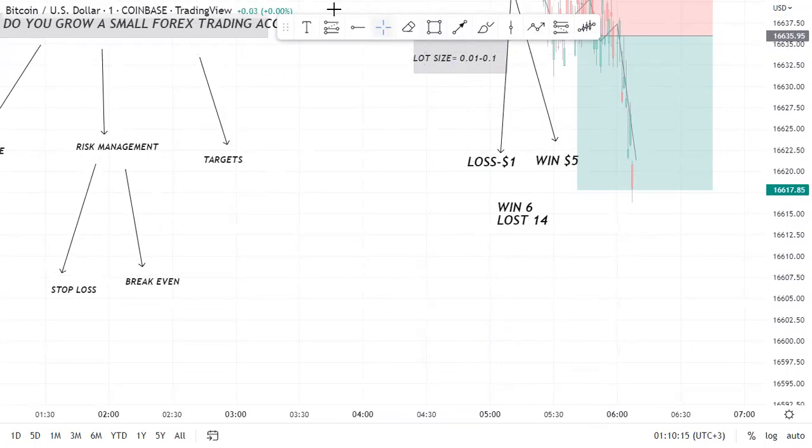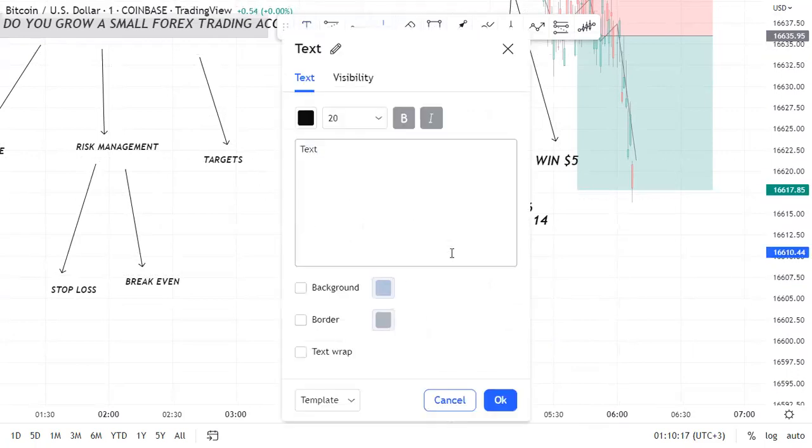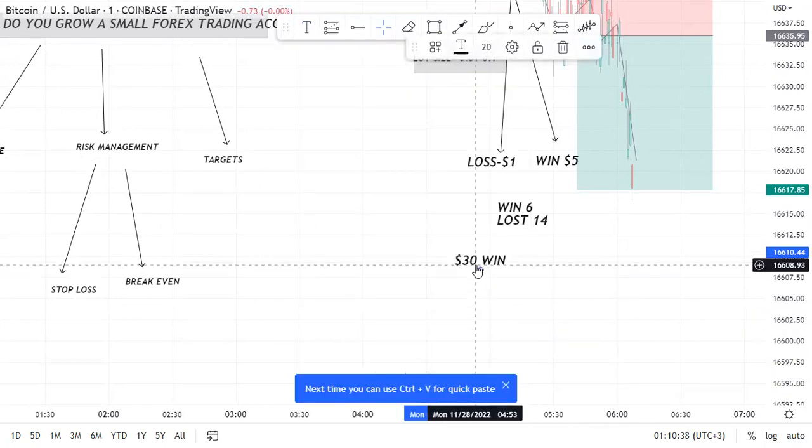So let's now do the mathematics. If you win 6 trades, we are saying 5 times 6, which is $30. $30 win right here. We have returned a $30 win.